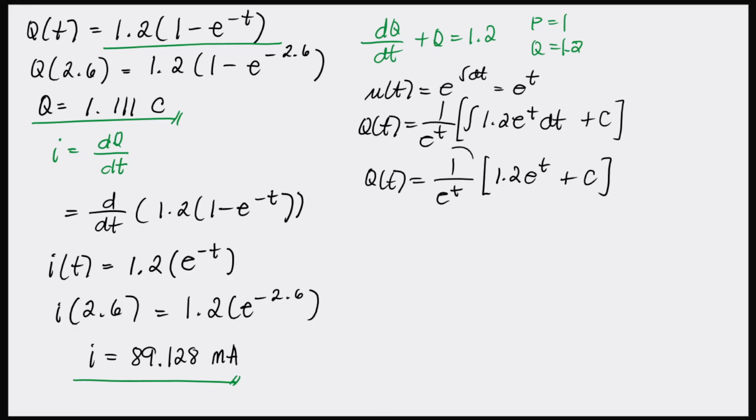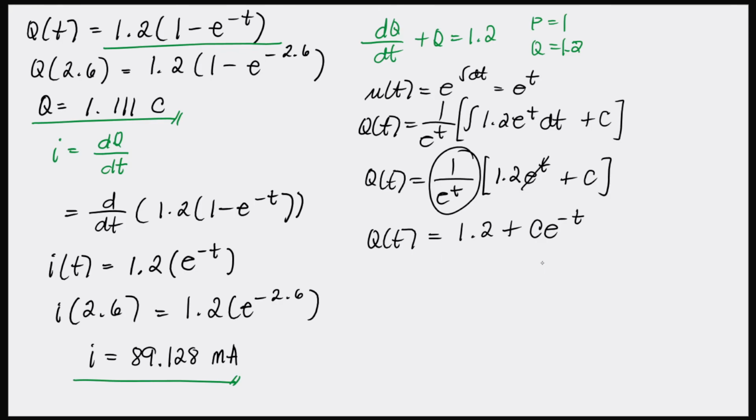Then distributing this, we'll have q of t be equal to 1.2, of course those cancel, plus c e raised to negative t. So, we will arrive at almost the same answer.